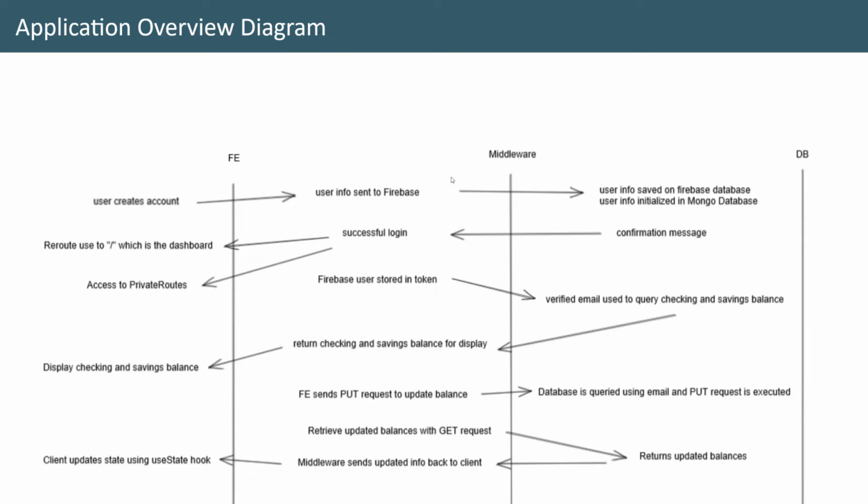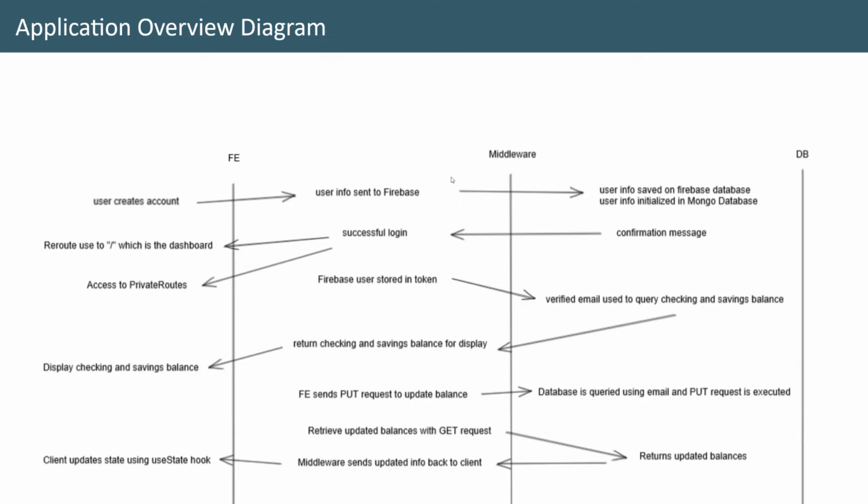A confirmation message is then sent, successful login, and then the user is automatically rerouted to the dashboard, which is just a / component, which gives access to private routes.